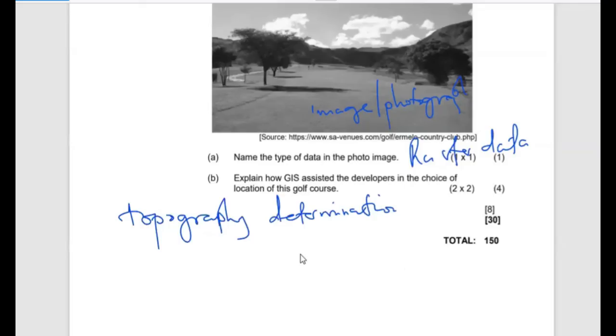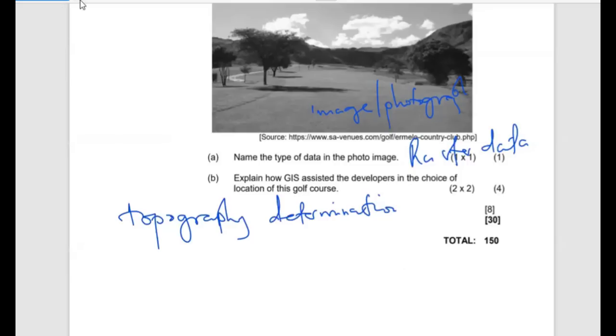Through GIS, they are able to figure out suitable areas, gently sloping or flat areas, so that they are able to choose the location of the golf course. So basically, we're looking at how they incorporated computer technology in identifying an ideal area for locating the golf course.